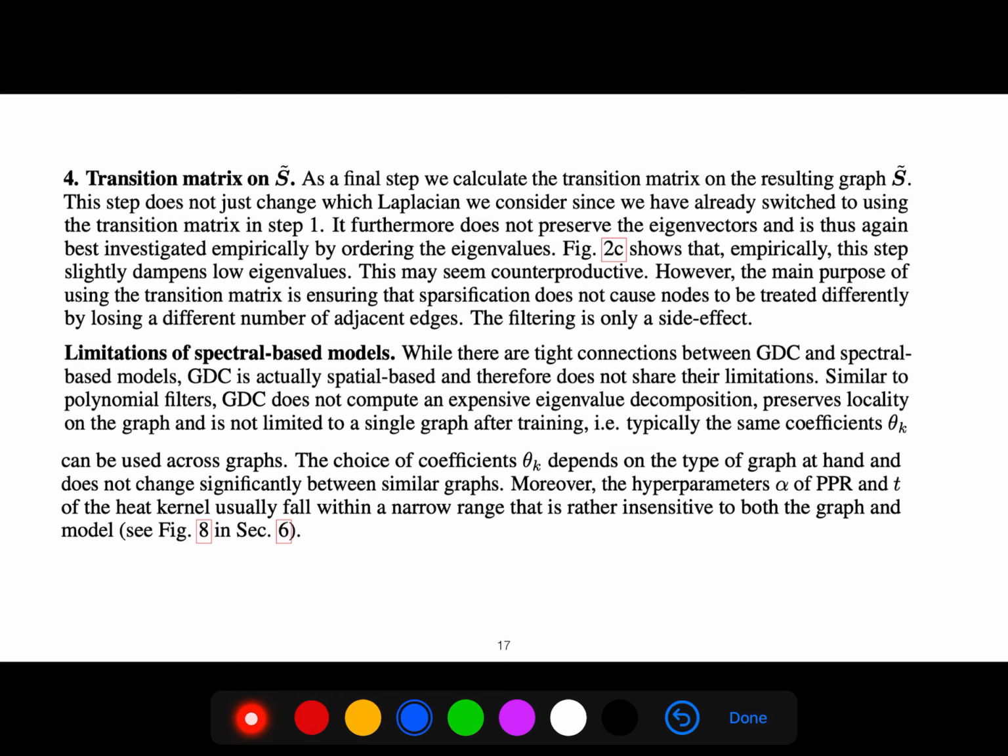While there are tight connections between graph diffusion and spectral-based models, graph diffusion convolution is actually spatial-based and therefore does not share their limitations. So GDC does not compute an expensive eigenvalue decomposition, preserves locality on the graph, and is not limited to a single graph after training. For example, typically the same coefficients can be used across graphs.